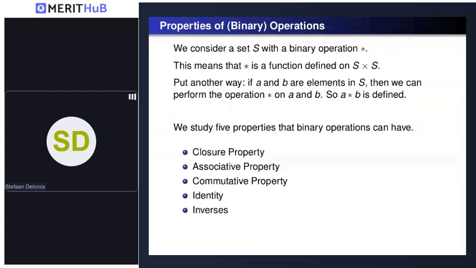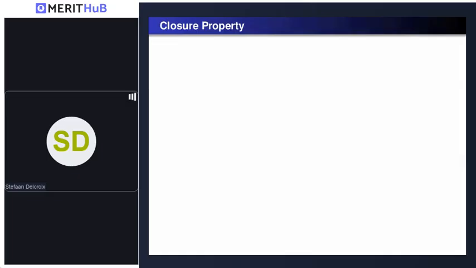So the five properties that we're going to study are closure, associativity, commutativity, identity, and inverse. Let's quickly go over closure again.